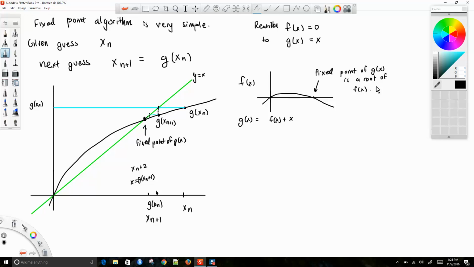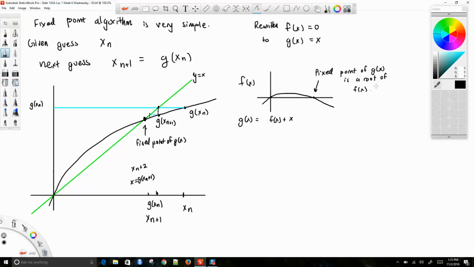So this is one algorithm, a very simple one, for finding fixed points. And if we can turn the original function that we want to find the roots of into this fixed point form, then we can find our roots very easily that way. Are there any questions on this?